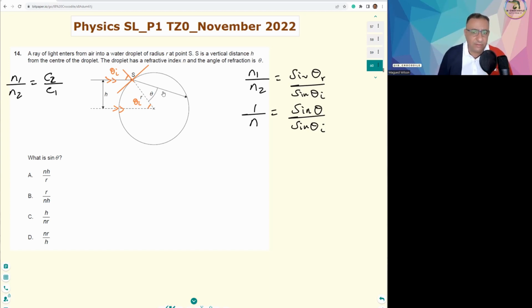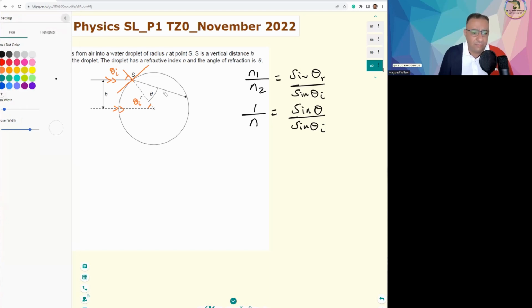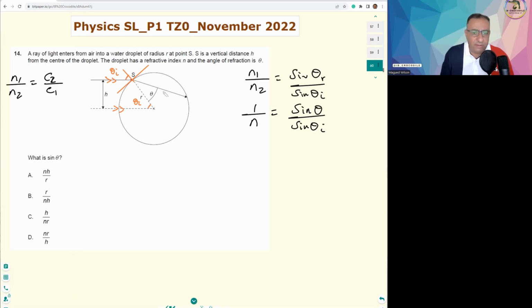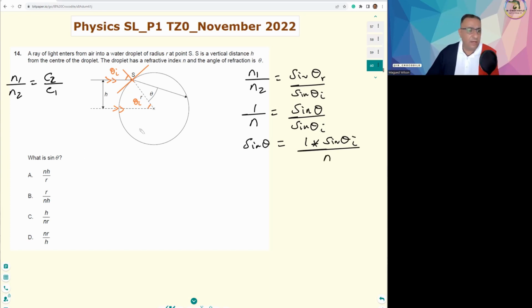Now let's rearrange the formula of Snell's law to make sine theta the subject. So sine theta is going to be 1 times sine theta i over n, just cross multiplication. Now for sine theta i, if I complete this triangle, I can see it more clearly.